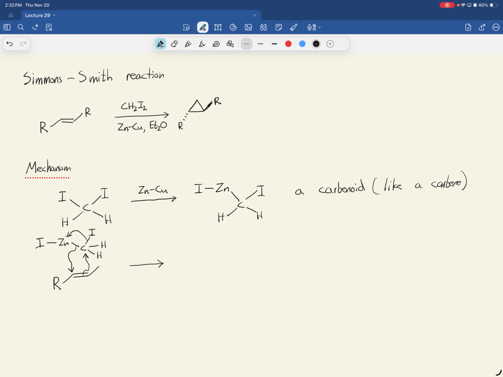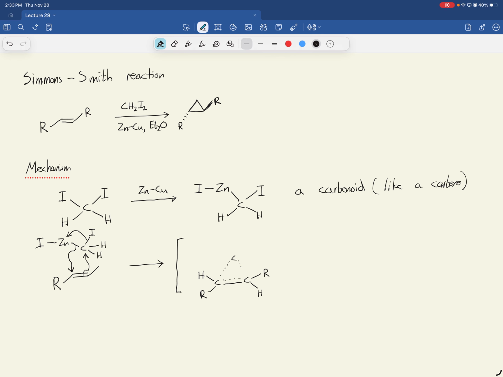So what does this look like in the transition state? You're going to draw this structure here. So let's see if I can draw this. All right. So you're breaking that bond. And the R groups are still trans to each other. So see here, the carbenoid kind of traps the alkene in place so it can add to the same face.